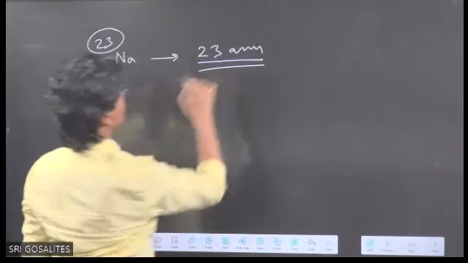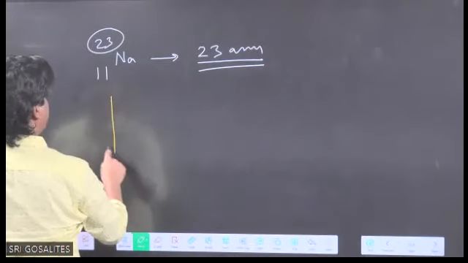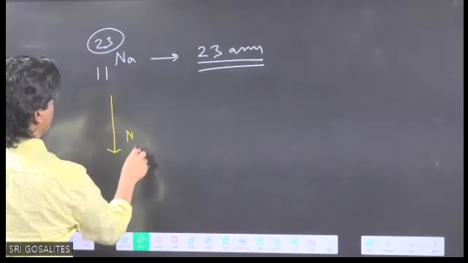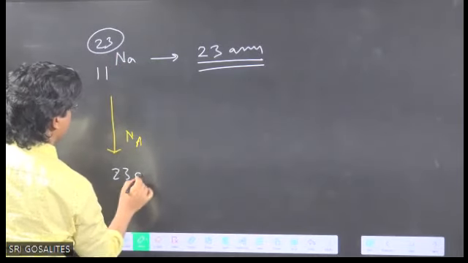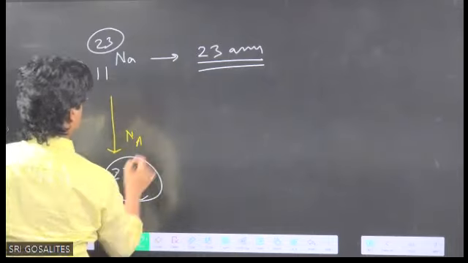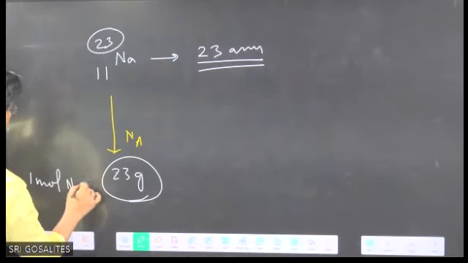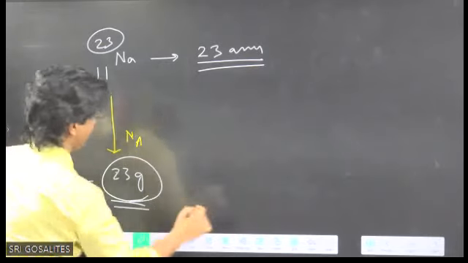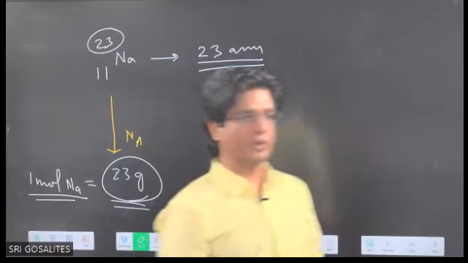Weight of one sodium atom will be 23 AMU. But if I take Avogadro number of sodium, this will be equal to what? 23 grams. This is also called 1 mole of sodium. 1 mole of sodium will have a weight of 23 grams. Is that clear?